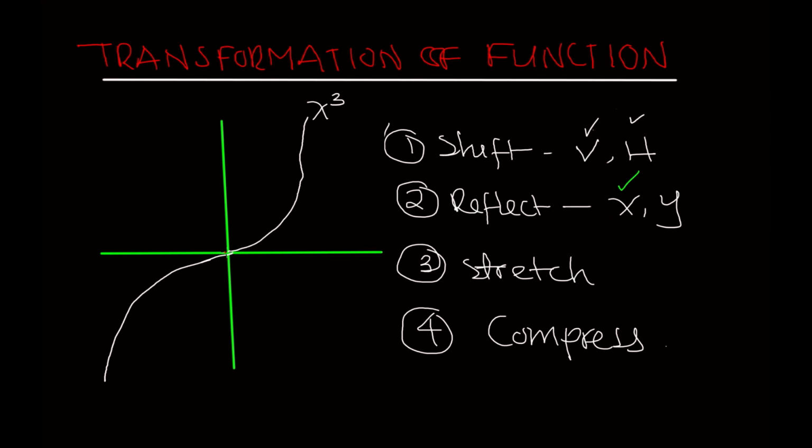If I got that same graph and I went with it like this, then I came with it here, that will be a reflection of this same graph over the y-axis. So this is this component here.